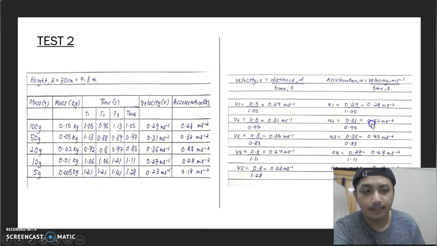For 50 gram we got 0.32. 20 gram we got 0.43. 10 gram we got 0.24. 5 gram we got 0.18. And we fill up our result table from the calculation that we receive. So based on the test 1 and test 2 result tables and information, we can do the discussion and the graph. That's all. Thank you.